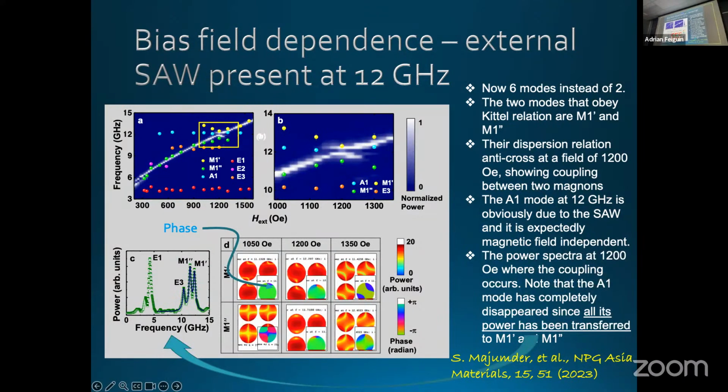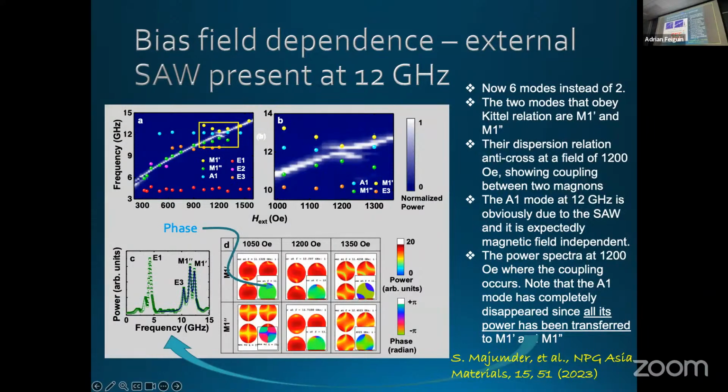Well, what happened to it is all the power from this A1 mode got coupled into these two modes, causing the strong coupling between these two magnons. So this is almost 100% coupling, because 100% of the power from the coupling agent, which is the A1 mode, went into this. So this is three-body coupling, tripartite coupling.